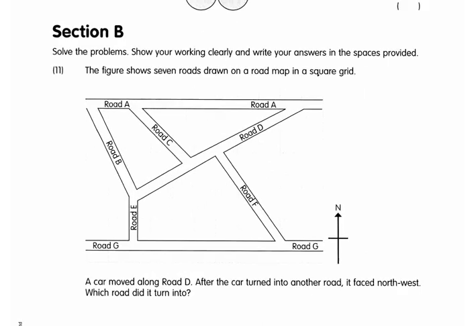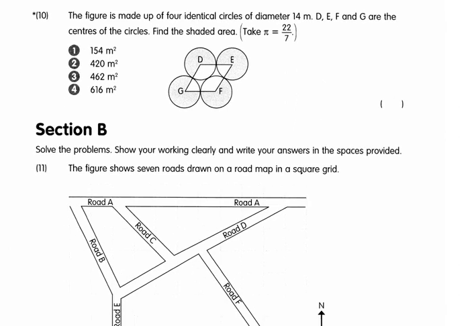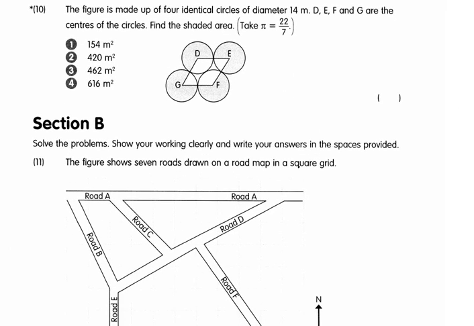So the figure is made of 4 identical circles of diameter 14 meters. So diameter 14 meters means radius is how much? Call it out. 7 meters, right? Okay, radius is 7 meters. So, D, F, G are the centers of the circle, right? So, we actually very clearly, let me enlarge the diagram for you.